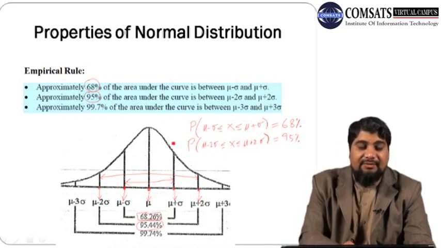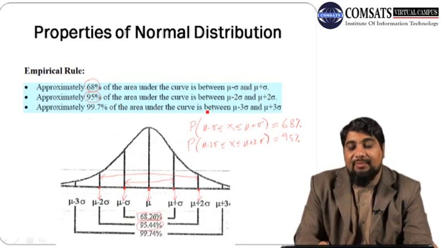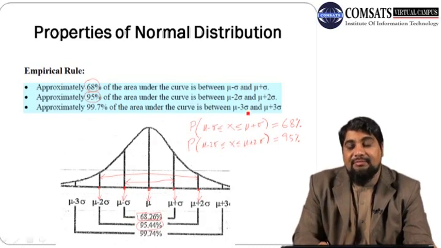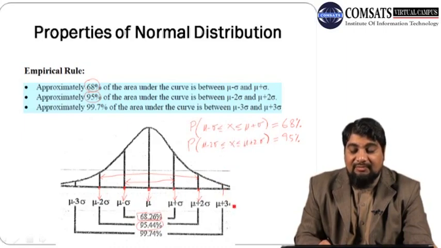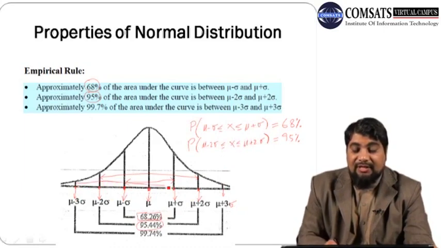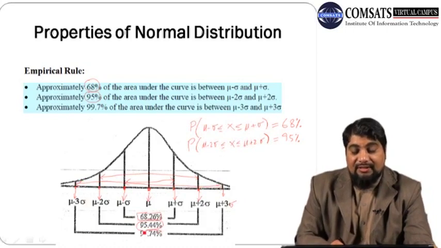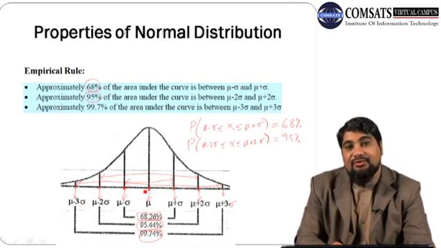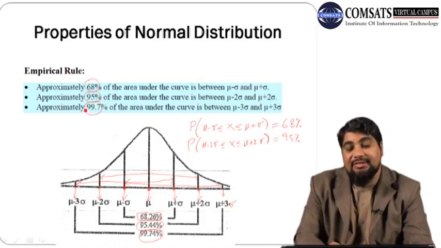And the third empirical rule is that approximately 99.7% of the area under the normal curve is between mu minus 3 sigma and mu plus 3 sigma. So here is the mu plus 3 sigma, and here we have mu minus 3 sigma. So this area is 99.74% or approximately 99.7%.